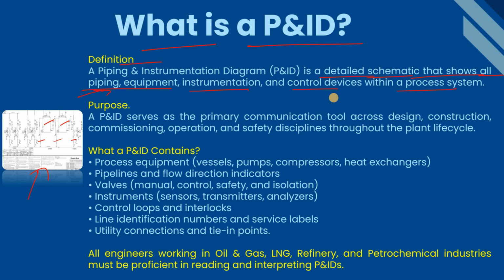So a piping and instrumentation diagram is a formal document where you show all the piping, equipment, instrumentation, control loops and devices that are being used in the plant.